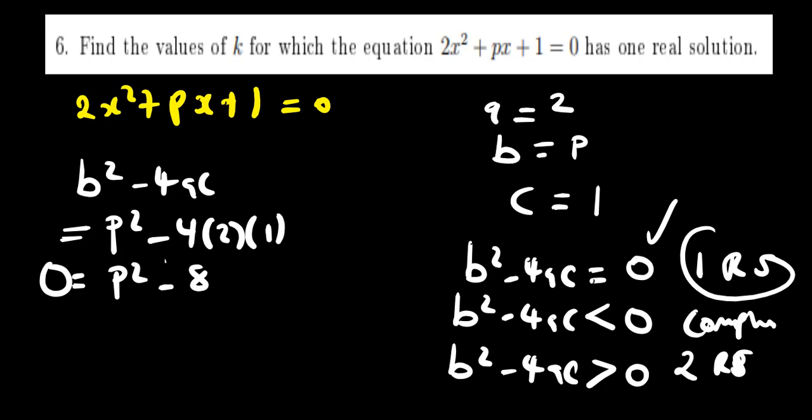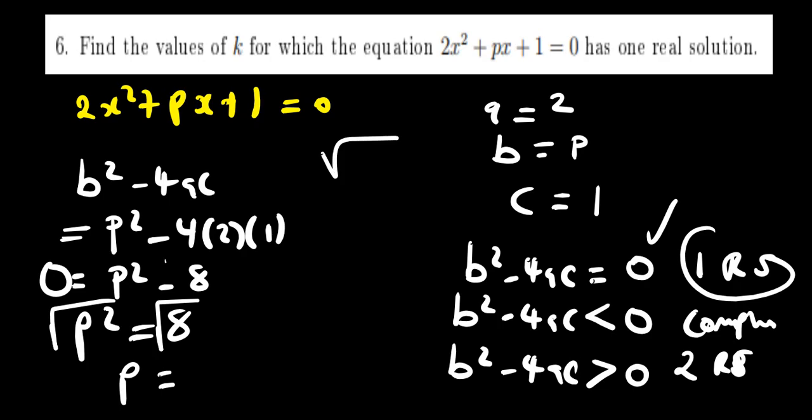So how are we going to remain with our p? I'm going to take the negative 8 to the other side. So our p squared is equal to a positive 8. Now I'm going to take the square root on both sides. So our p will be equal to the square root of 8. Which two numbers can we multiply to give us 8? 2 multiplied by 4, right? The square root of 4 is 2, so we have 2 root 2.